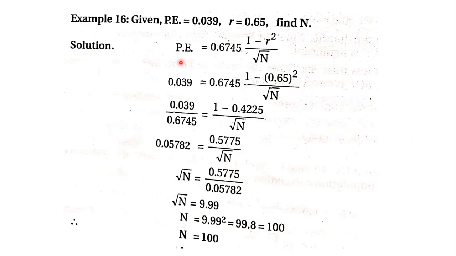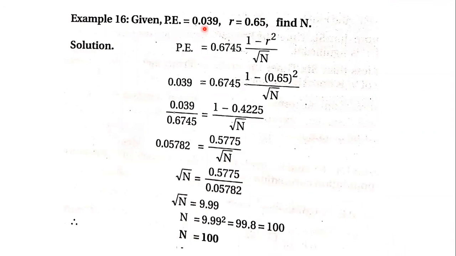So PE is 0.6745 into 1 minus R square by square root of N. You should be careful in remembering the formulas and understand what sort of formulas should be used in different places. So 0.6745 into 1 minus R square by square root of N. R we know is 0.65.